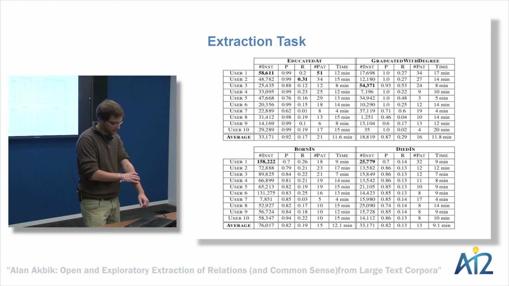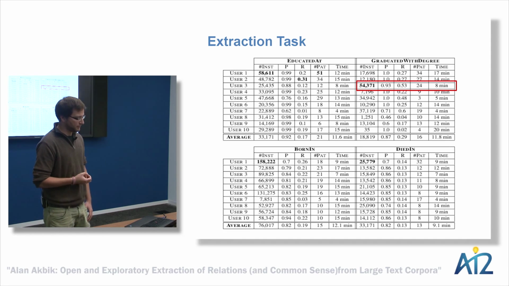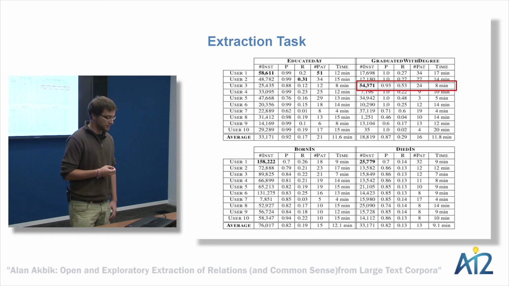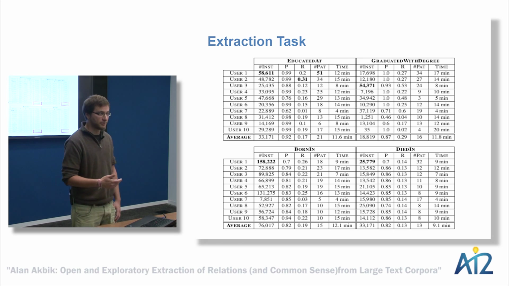Yeah, so these are the results. Basically, I'll highlight one row. So this is more or less a typical result. So user 3 for graduate with degree, spending 8 minutes, selecting 24 patterns, finding 50,000 relation instances with generally high precision and low recall. And if we look at this, what we see is generally that the time is around 10 minutes per relation.